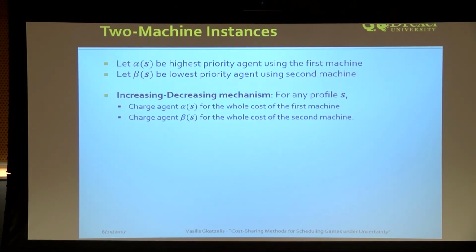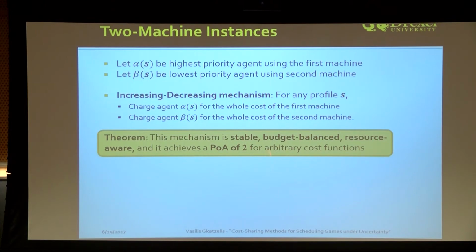Finally, we have some results for two-machine instances, so instances that have just two machines but arbitrary types of cost functions. There, if we let alpha of s be the highest priority agent in the first machine and beta of s be the lowest priority agent in the second machine, then we have this increasing-decreasing mechanism that, for the one machine, charges everything to alpha of s, and for the other machine, charges everything to beta of s.